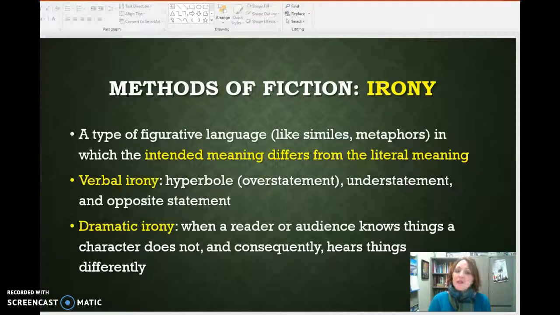Then in fiction, you also have a sense of irony. And when we're talking about irony, we can talk about what we know because we're exposed to what other characters are doing and thinking versus what the main characters might not know. Irony can also be expressed in uses of figurative language like similes and metaphors.